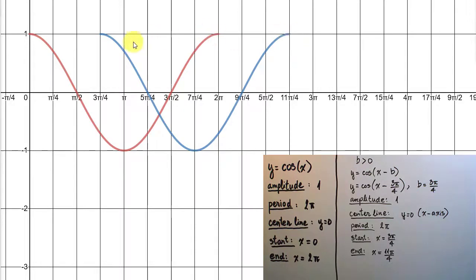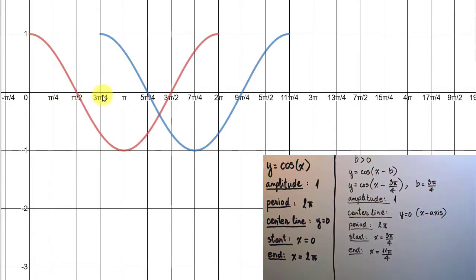And looking back at our picture as a whole, comparing the blue graph and the red graph, what it shows is that the blue graph truly is the graph of cosine of x, but shifted to the right by a horizontal distance of 3 pi over 4.